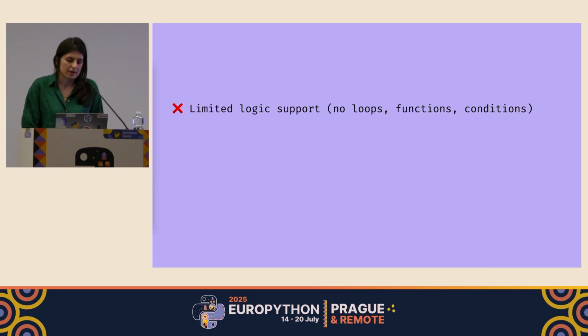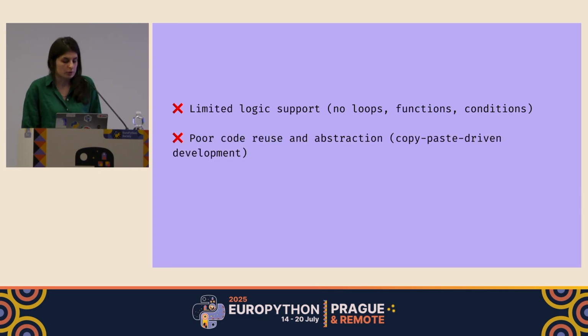For me, it was very hard to filter out, for example, some files, and usually it was very painful. Another one is poor code reuse and abstraction. Usually it's copy-paste driven development. You just copy, change something, and you have a lot of repetition.